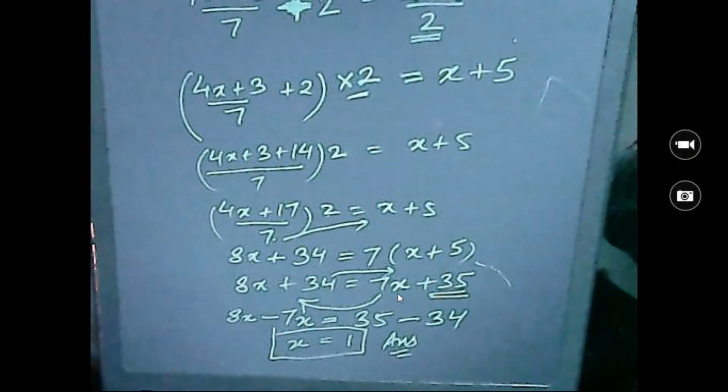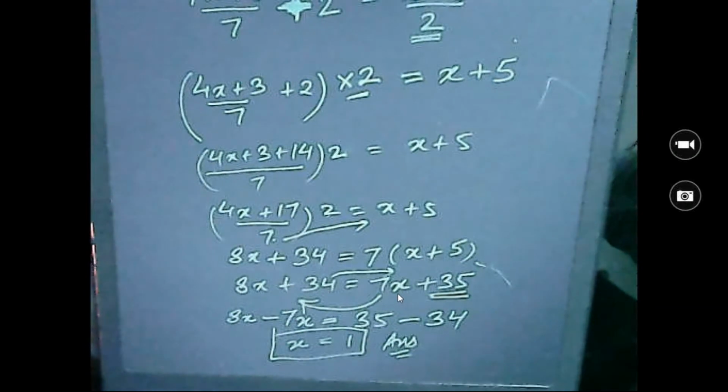Fine. Now let's see how we can apply this concept of linear equation in one variable. So the thing is, we might face different kinds of word problems. So in order to tackle the word problem, the first and most important point is that you should try to understand what is expected from you in the given question.